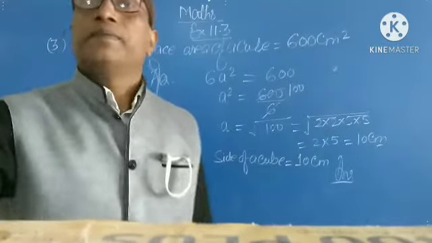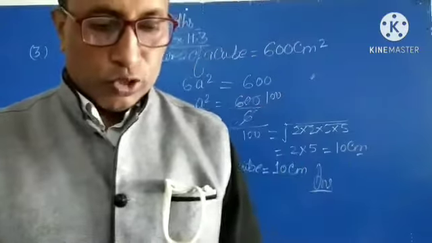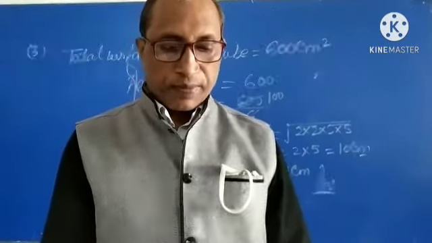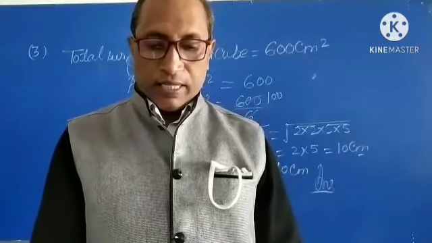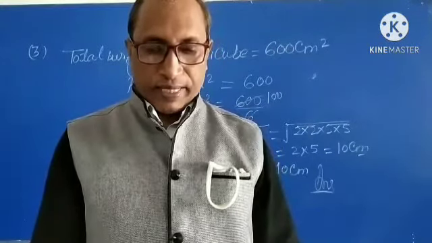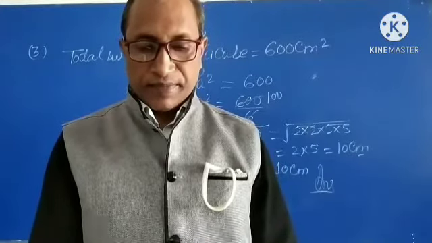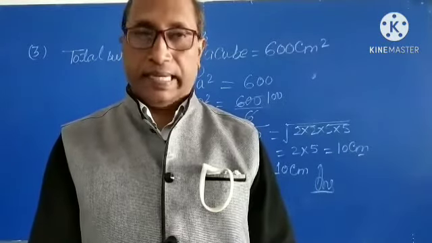Okay. Here is question number 4. Rukshaw painted the outside of the cabinet of measure 1 meter by 2 meter by 1.5 meter. How much surface area did she cover if she painted all except the bottom of the cabinet?